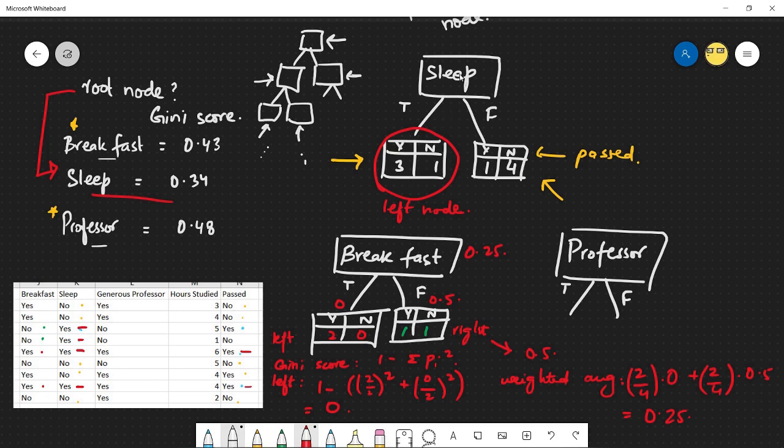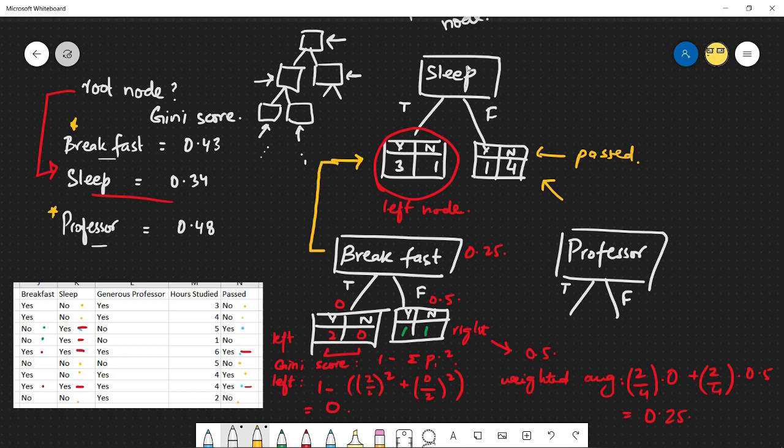So you will eventually say that we split on sleep first, and then when sleep is true, we might then split on professor. One cool thing I want you guys to see here is that this is a pure leaf node, because you now have 2 yeses and 0 nos. So assume that the breakfast split was over here.